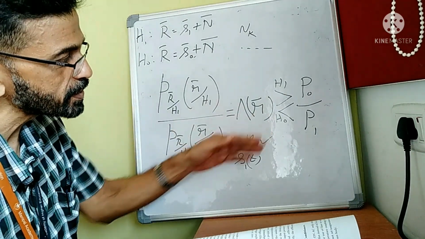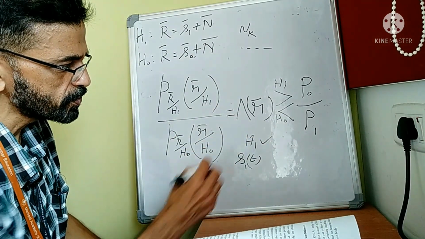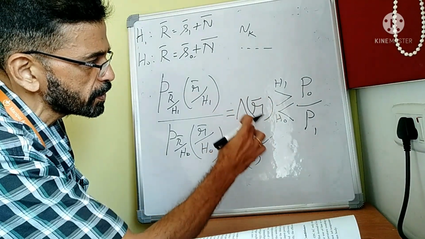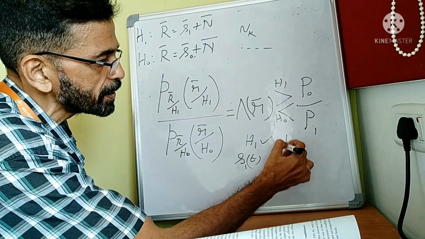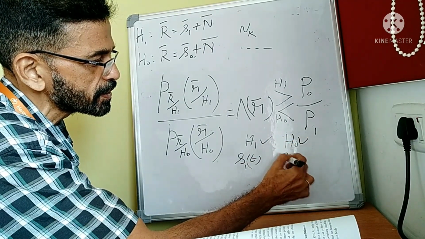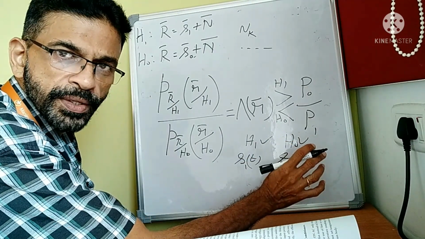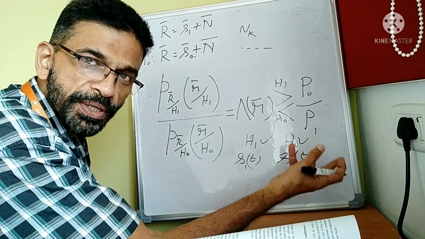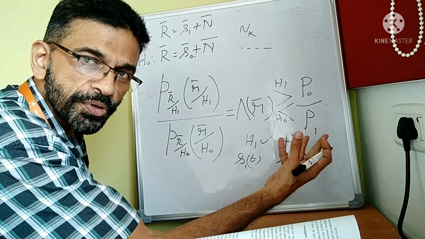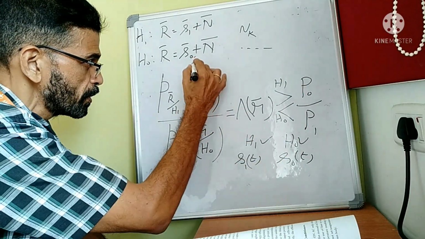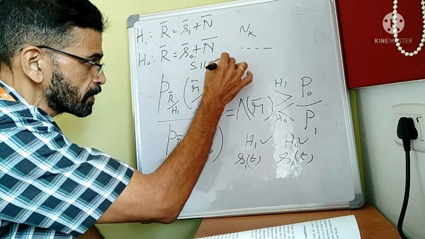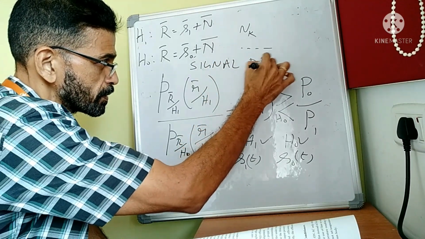Similarly, when it detects H0 as the hypothesis, and that happens when the likelihood ratio computed is less than this, it is effectively detecting the signal S0 of t, because H0 is represented by S0 of t as the output of the hypothesis source. So basically this is the discussion on signal detection.